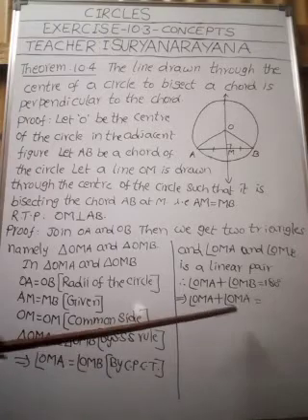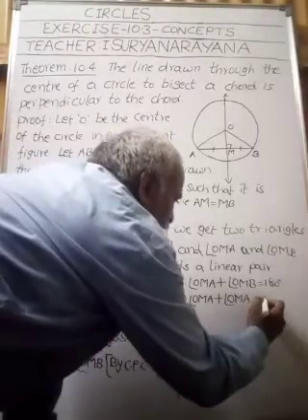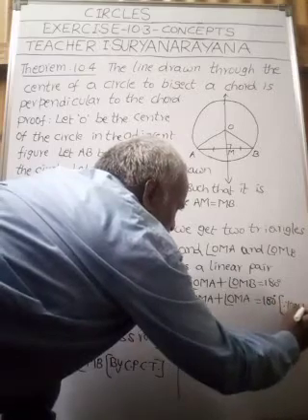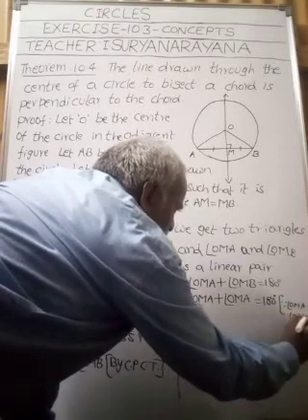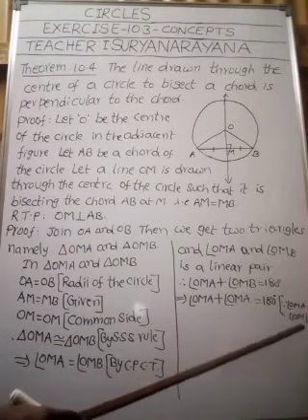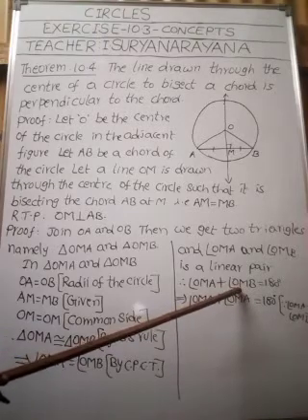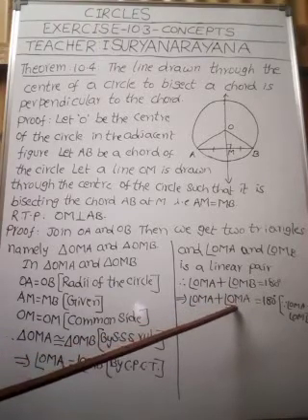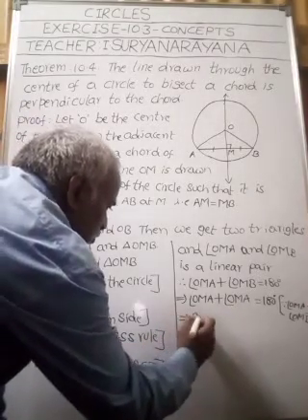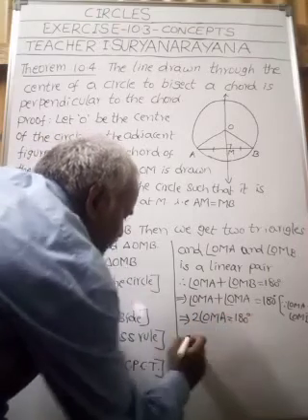So in the place of angle OMB, I wrote angle OMA, is equal to 180 degrees. Understood this step, my children? This implies 2 angle OMA is equal to 180 degrees.